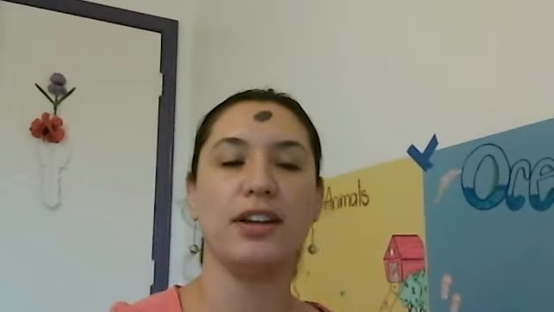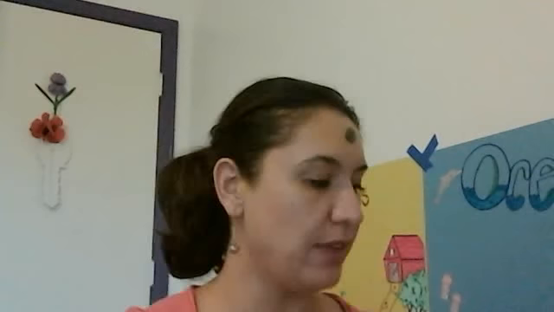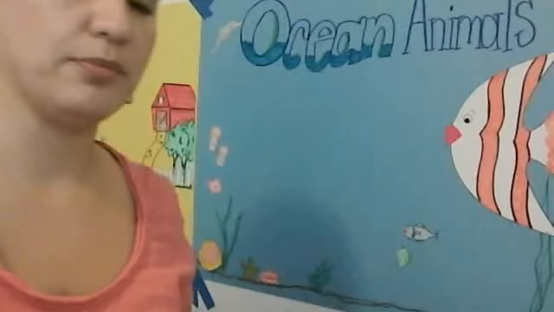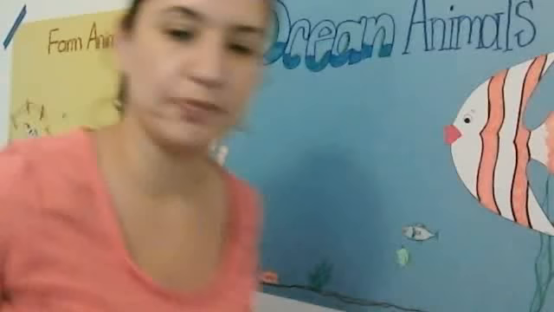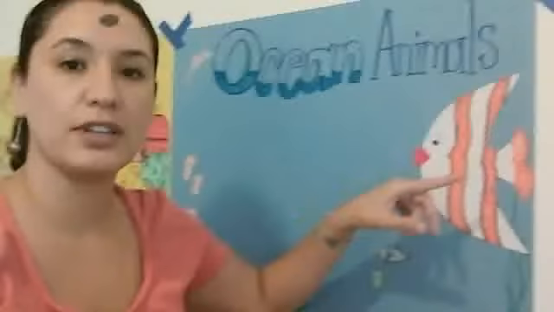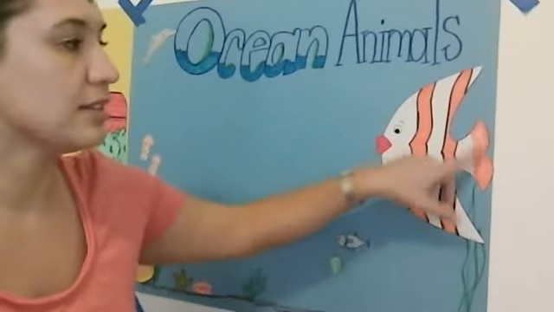Before I begin the activity, I'm going to start by describing the kinds of animals that are in the ocean. For example, if I am looking at the ocean animals and I point out that this animal lives in the ocean because it needs several things to live in the ocean. It needs fins, okay, and it needs a tail.